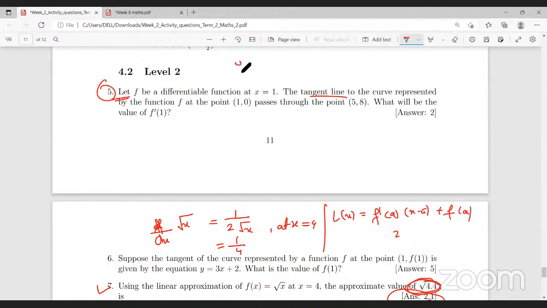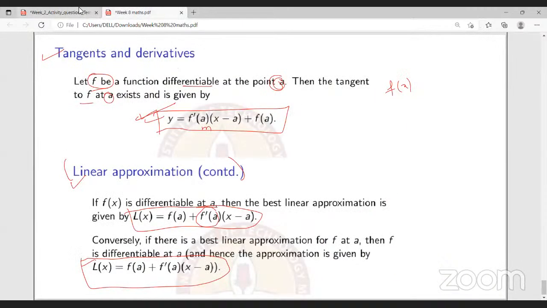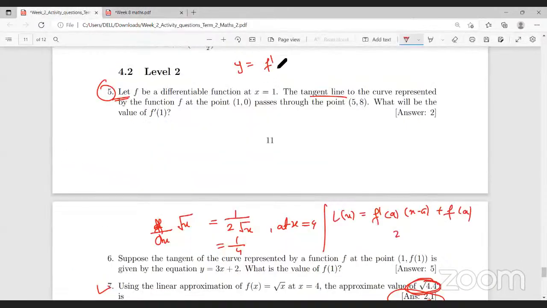The equation of the tangent is y equals f dash of a times x minus a, plus f of a. The tangent line to the curve represented by the function f at a point passes through the point 5, 8, so when x equals 5, y equals 8.